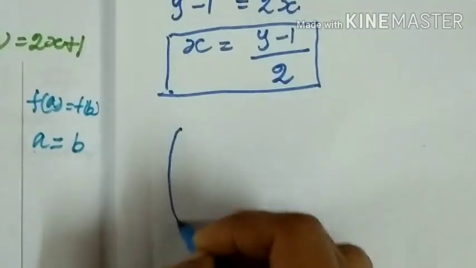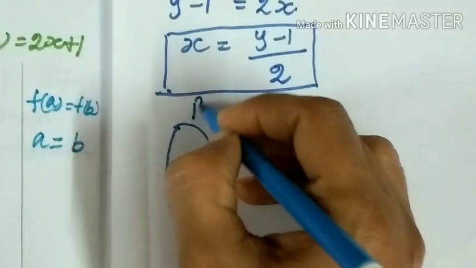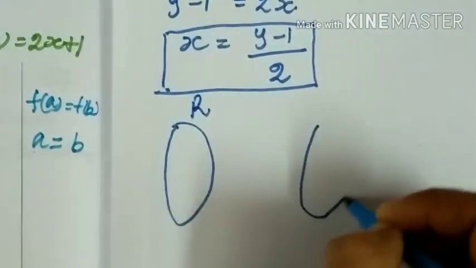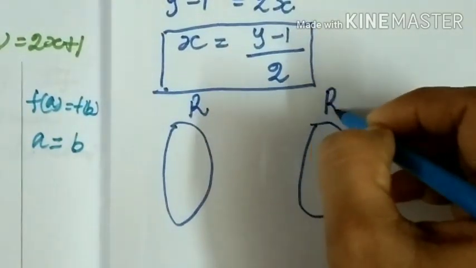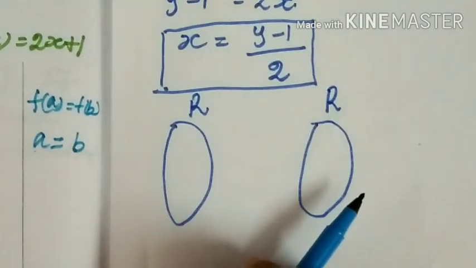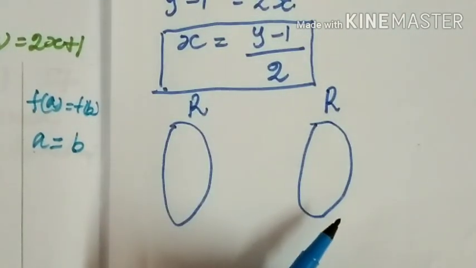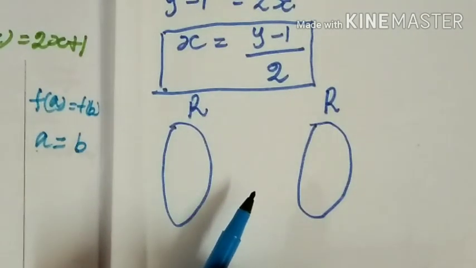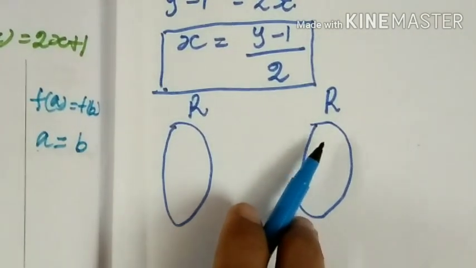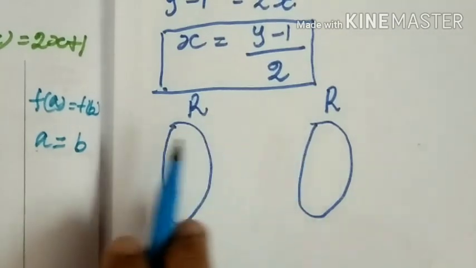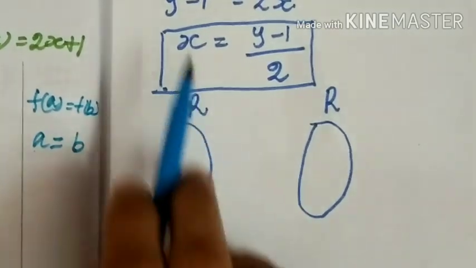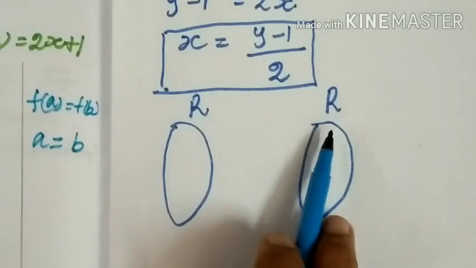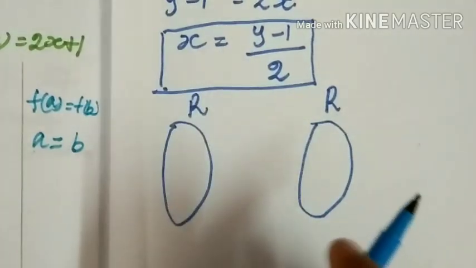By the arrow diagram we check whether it is onto or not. What is the definition of onto function? Every element in the codomain has a pre-image, that is the onto function. So here pre-image elements belong to x and image elements belong to y.